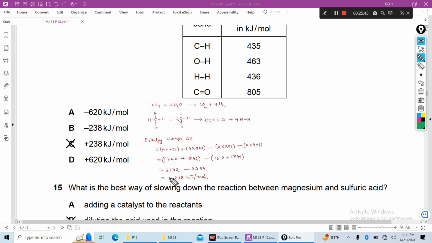If you calculate, you get plus 238 kilojoule per mole. So C is the right answer.